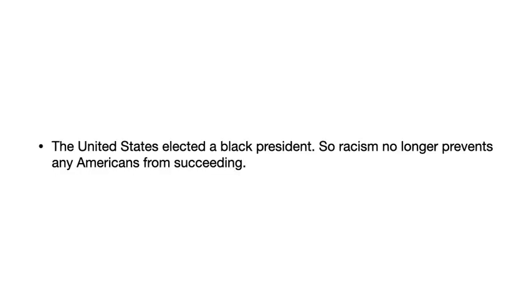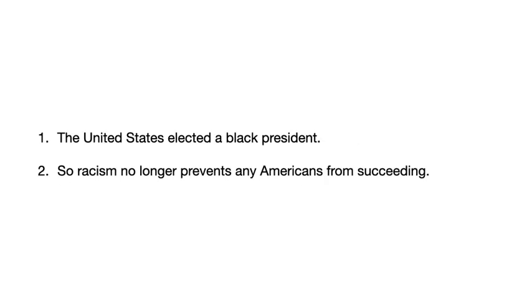So, to introduce some of the things that complicate this, that make it difficult, let's look at an argument. The United States elected a black president, so racism no longer prevents any Americans from succeeding. So we distill this. I'm being very simple with distilling these.